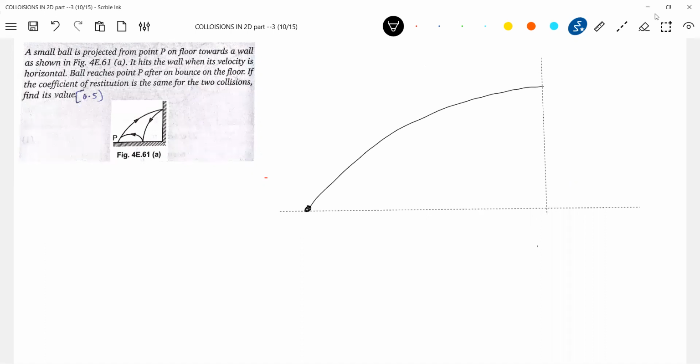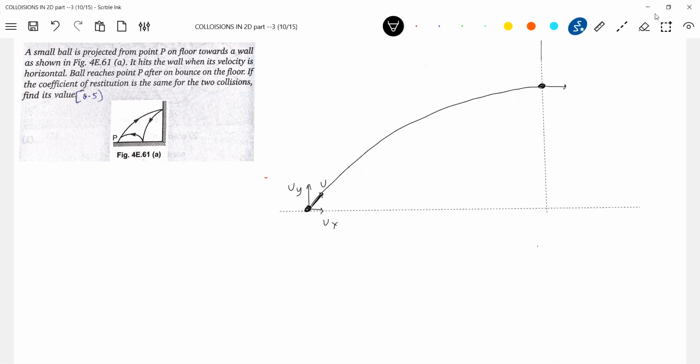Sir, how can you say that? Because that was the information given, no? I'm projecting with a speed u, so it will have ux and uy. I'll resolve that into ux and uy. And there's a wall. The coefficient of restitution is the same for the two collisions.